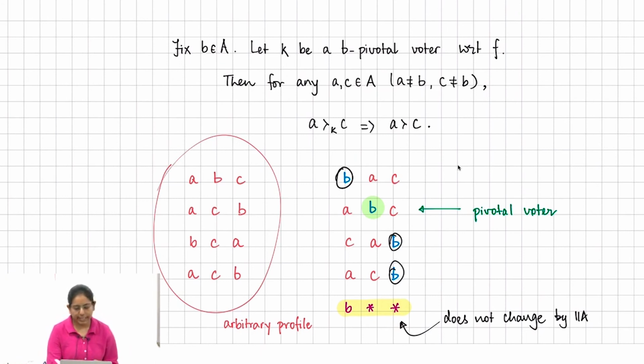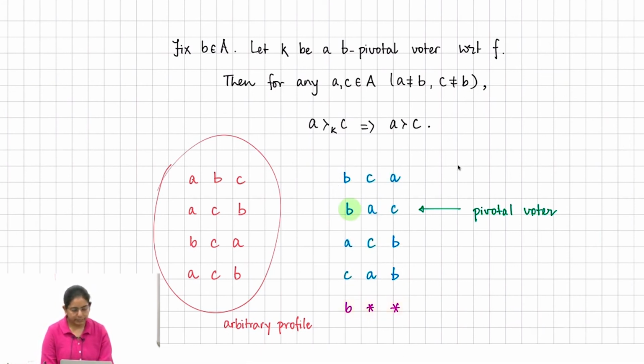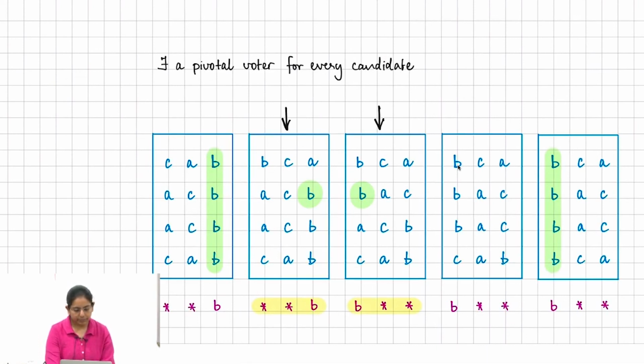So as far as A and B are concerned, what should be the output of the mechanism on this profile? Again using IIA with the previous profile. So if you compare this profile that you're seeing here with the second profile here, my claim is that in fact the relative ordering of B and A is exactly the same for every voter.